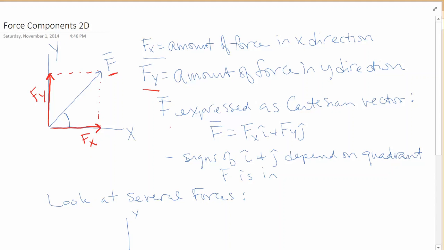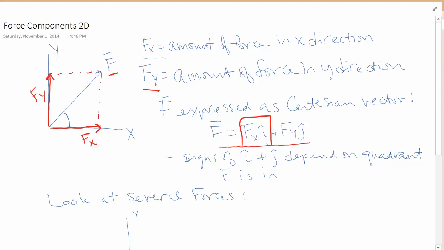Now this force can be expressed as a Cartesian vector using this notation. We've got our x and y components, and you'll see we use the unit vector that denotes the direction of each. So for this part right here, we've got F sub x, that is the x component of the force. We're going to multiply it by i, the unit vector, i being the x direction.